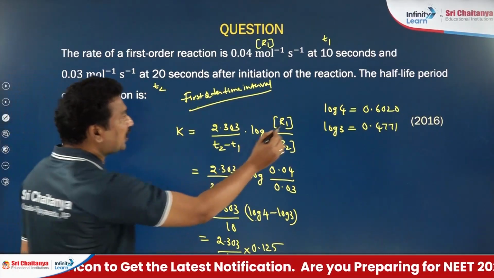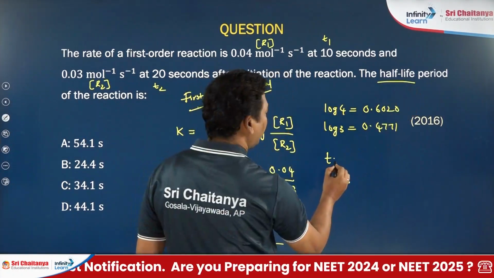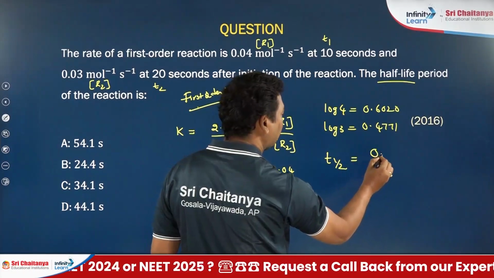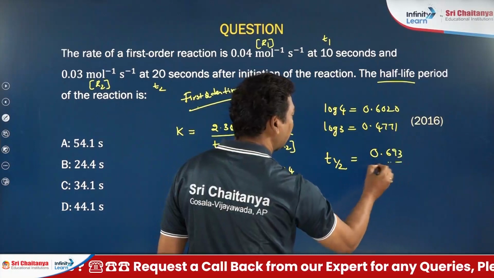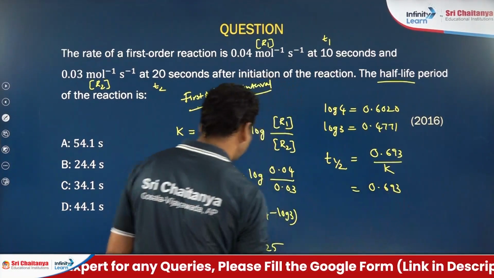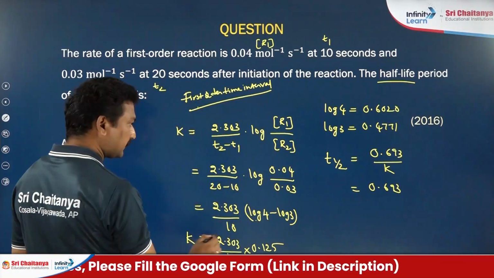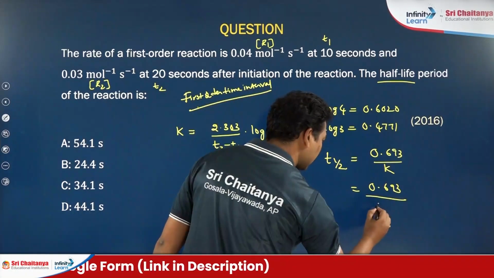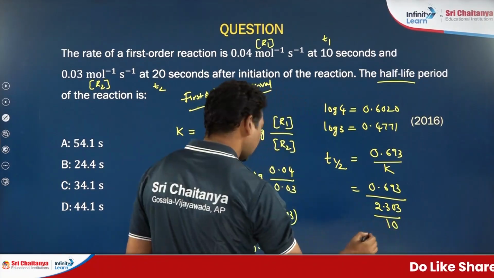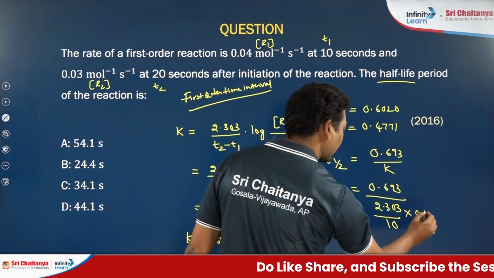But we are asking about the half-life period. How to get the half-life? T half for first order is 0.693 by K. And what is K? This is the K: 2.303 by 10 into 0.125.